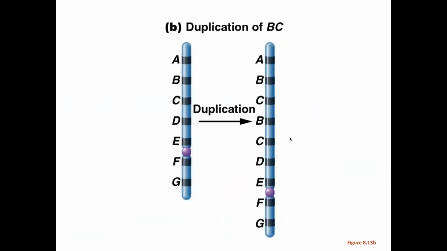So again, as I said, you can think of duplications and deletions as partial aneuploids. And we already know what the consequences of aneuploidy is. There are significant phenotypic consequences that result.